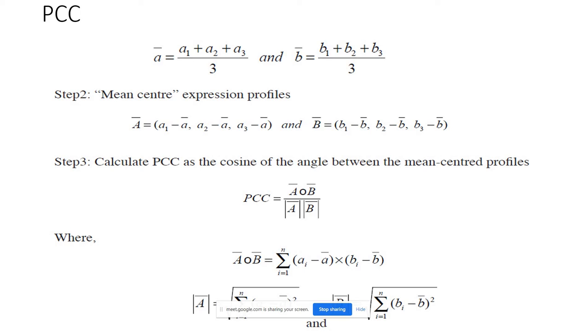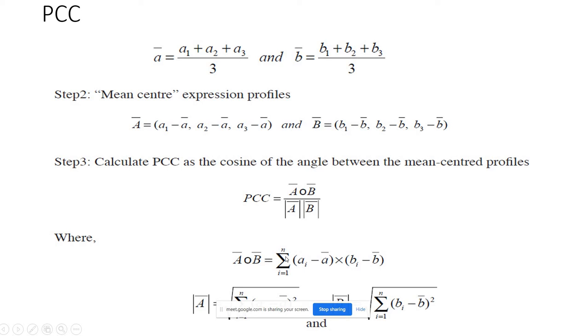The formula is the dot product of A bar and B bar, divided by the magnitudes of A bar and B bar.